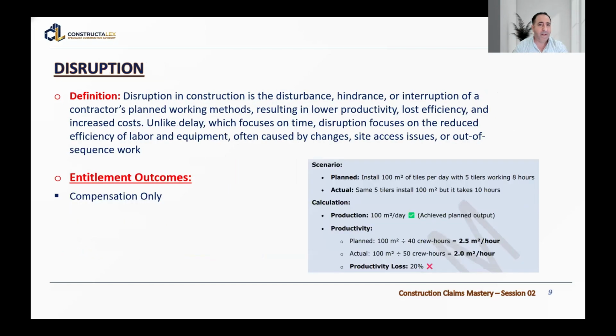Okay. The next one is the disruption claim. The definition of disruption in construction is the disturbance, hindrance, or interruption of a contractor's planned working methods, resulting in lower productivity or lost efficiency and increased costs.